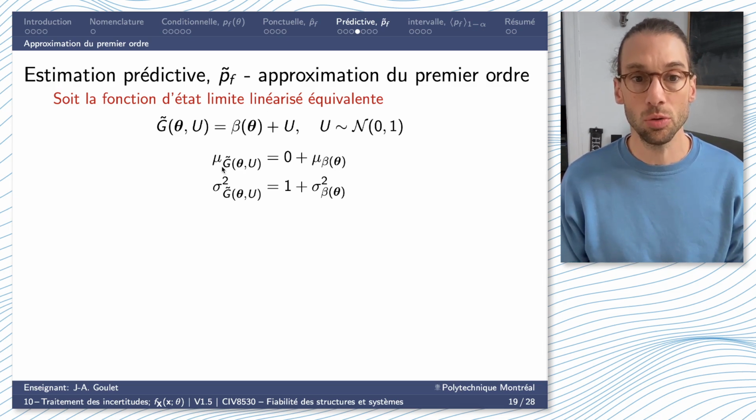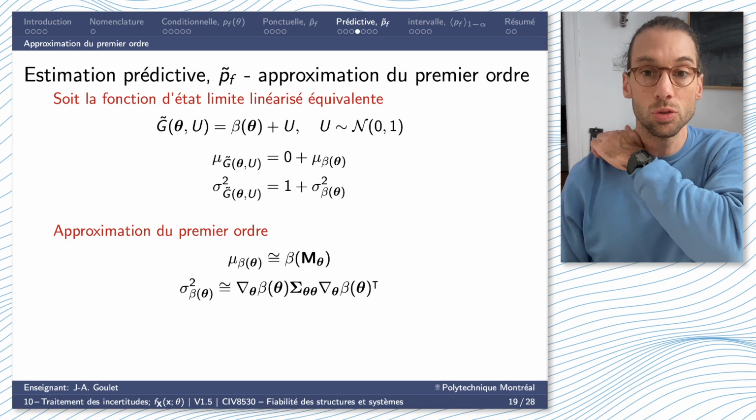Now, if I want to compute the expected value for my output, I'm going to have 0, the mean of u, plus the mean of beta. I want to have the variance of my limit state function. So it's going to be the variance of u, which is 1, plus the variance of beta, so sigma square of beta.